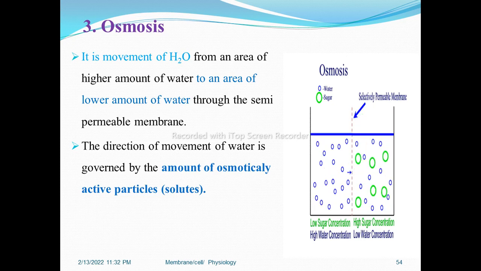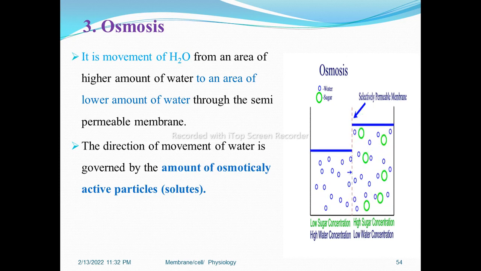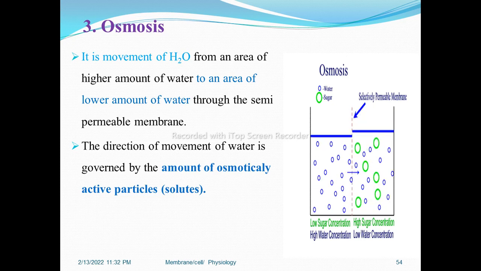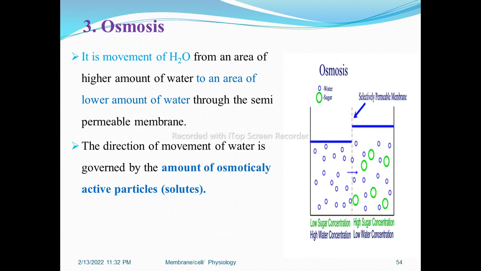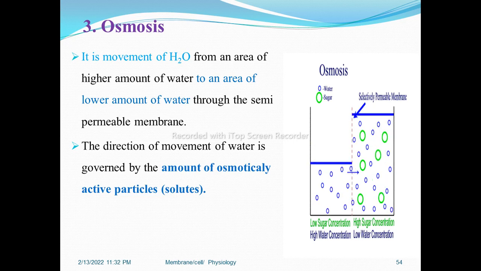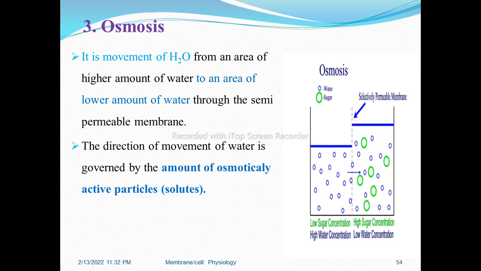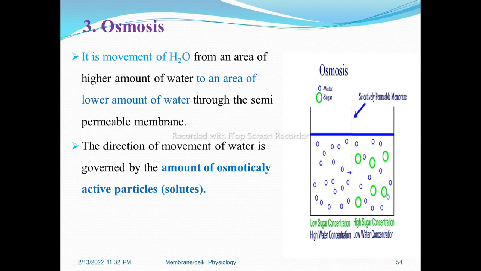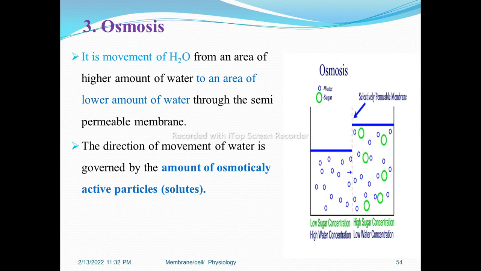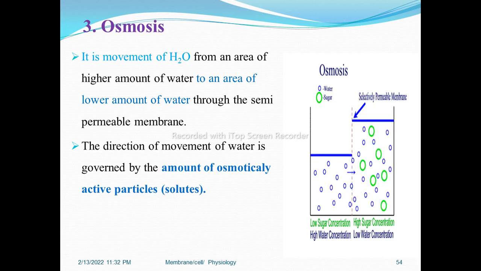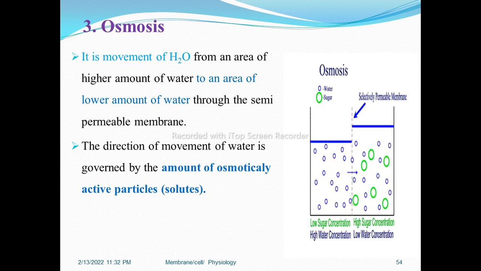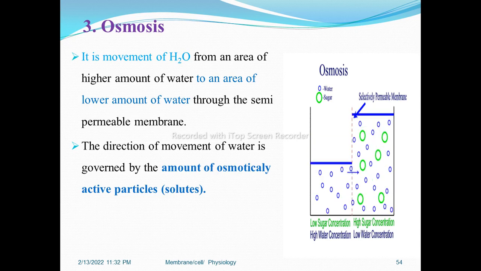The other important thing is, what is osmosis? Osmosis is the power of a solution to draw the solvent through a semi-permeable membrane. Osmotic pressure is the pressure needed to prevent the movement of solvent across a semi-permeable membrane into the solution. And the other term is osmole. An osmole is the ability of solutes to cause osmosis and osmotic pressure.